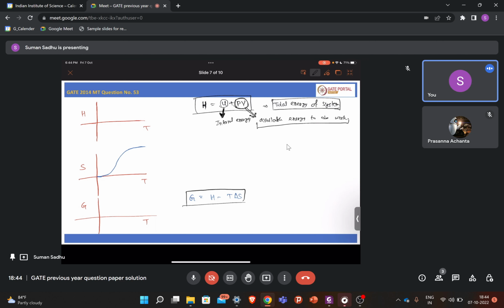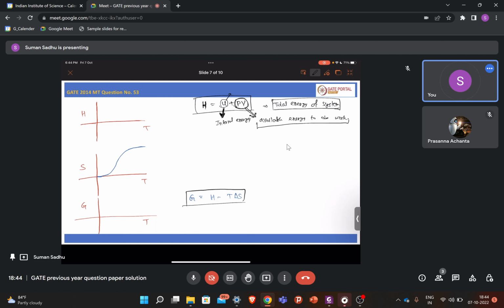Now, if you increase the temperature of a system, what will happen to the atoms? Atoms will vibrate very randomly, right? So vibration energy will also increase. That means the internal energy of the system is increasing as you increase the temperature.